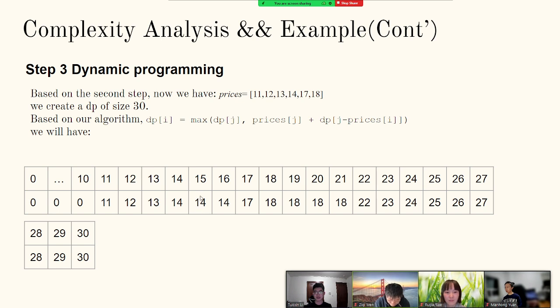We put 11 here for 15. Then we check the next price, 12. By the same logic, we update dp[15] with 12, then 13, then 14, and 14 is the maximum for dp[15]. Following the same logic, we can fill this table until 30, and finally we find that for 30 we can spend all the budget.